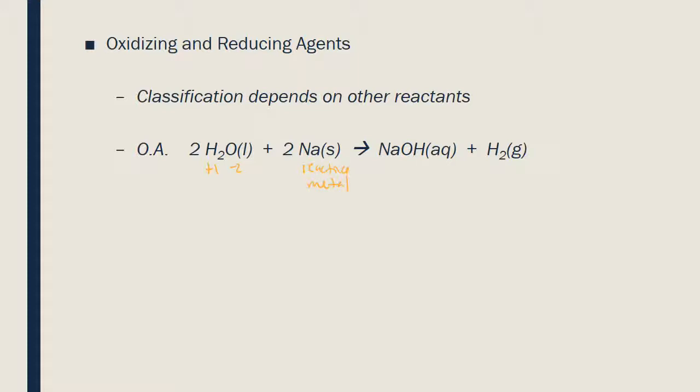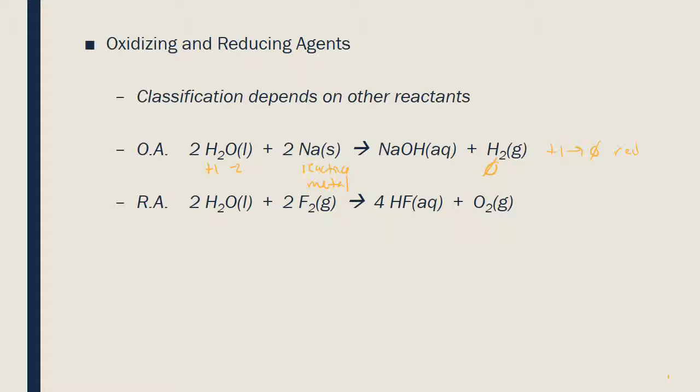When it reacts with sodium, H becomes its natural form, 0. So it's going from +1 to 0, which means it's gaining electrons and therefore being reduced, making it an oxidizing agent.